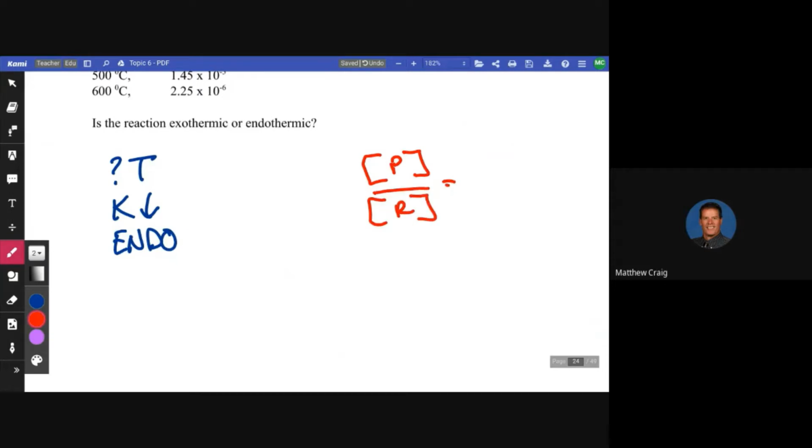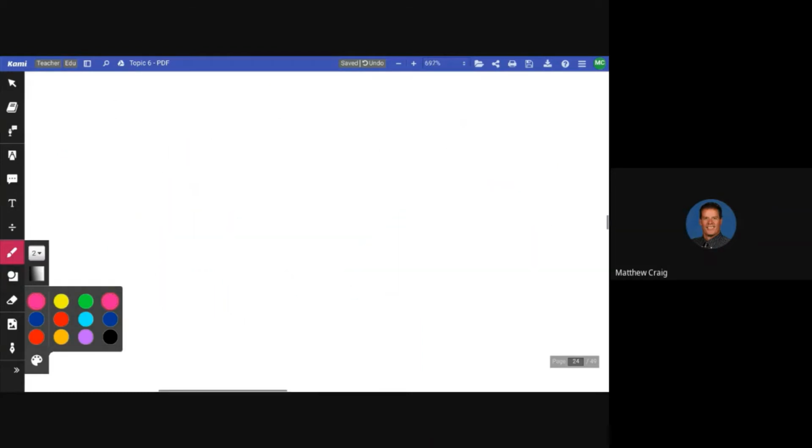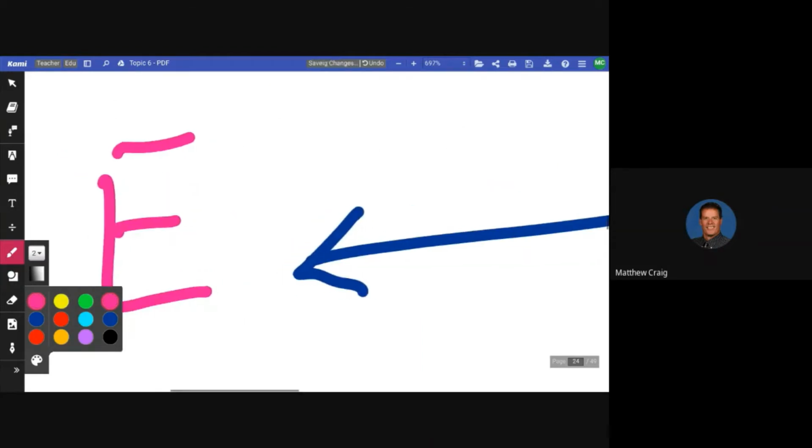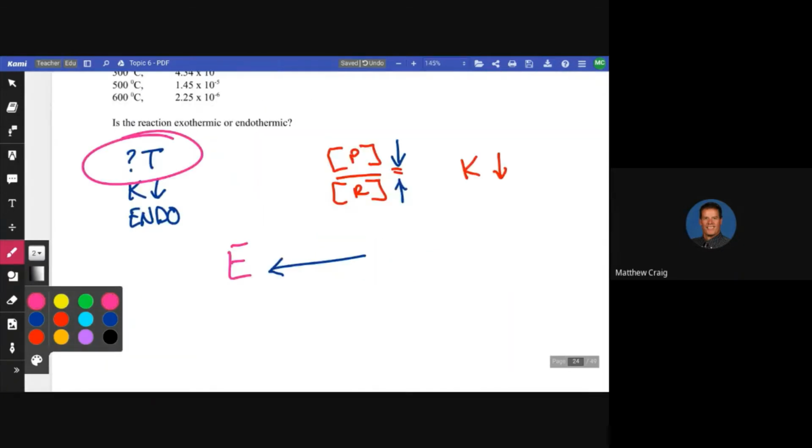And we just said K is decreasing. So what are the products doing? Decreasing, as the reactants are increasing. So shifting left. We know that this is endothermic, so the heat goes over here. So what's happening to the temperature? We are shifting toward the energy. Therefore, we are shifting toward the removal, which means the temperature is decreasing.